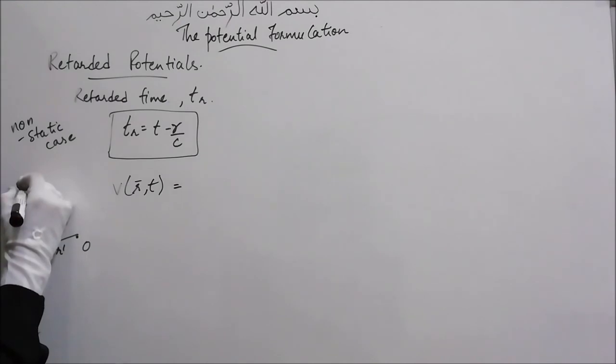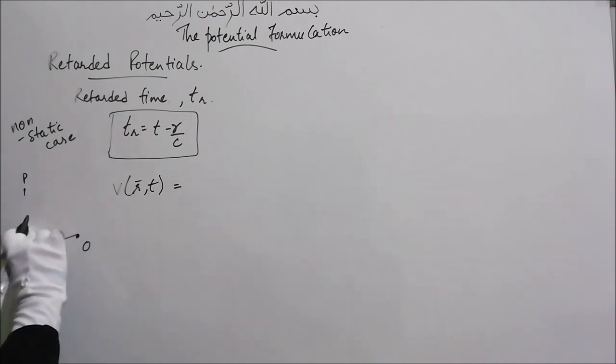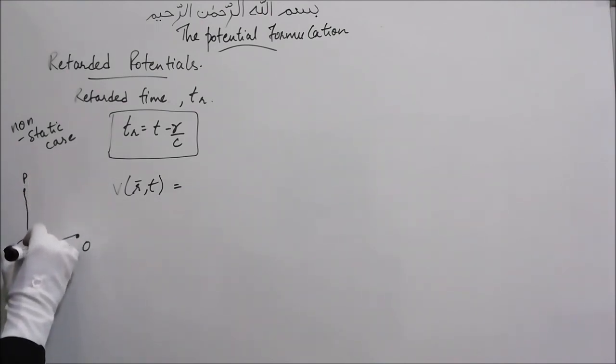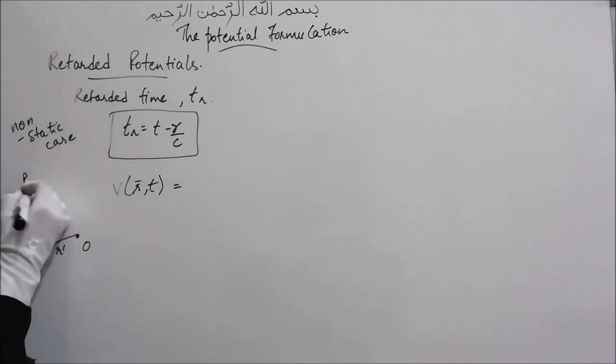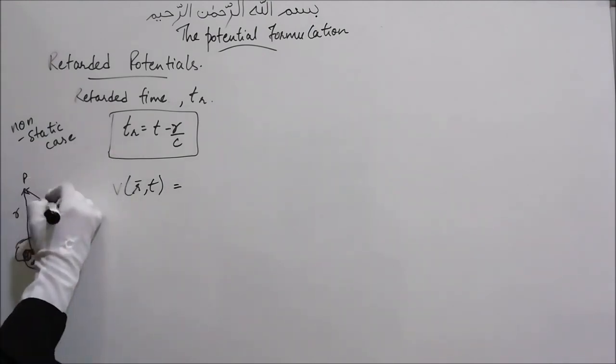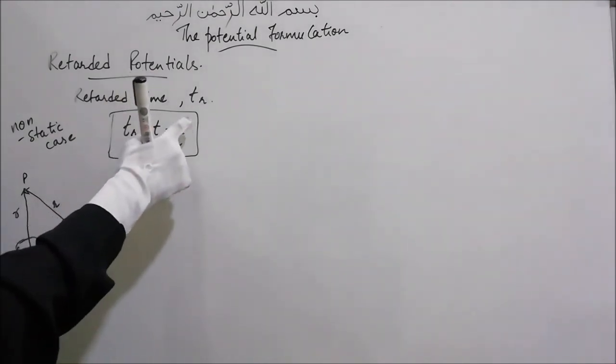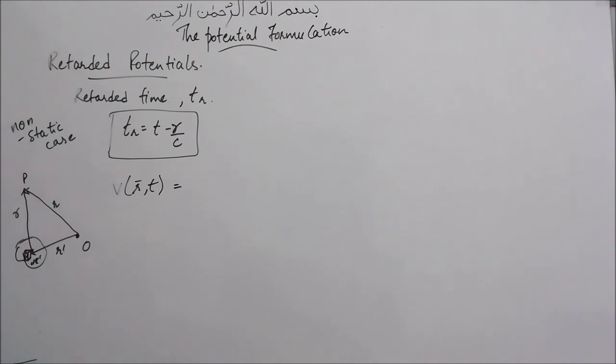And this electromagnetic news, we are, let's say, looking at the point P. I am at point P and looking here, and let's call this distance r. From the origin to my point is r, origin to the source is r dash, and between the source and me is this r. This is the distance which the message has actually traveled to reach me.